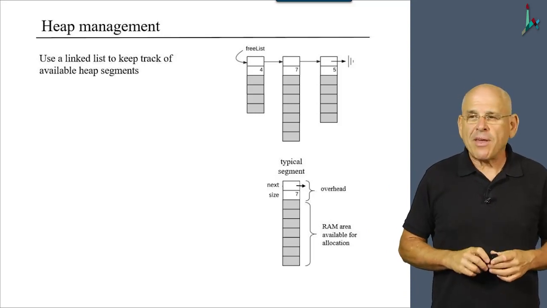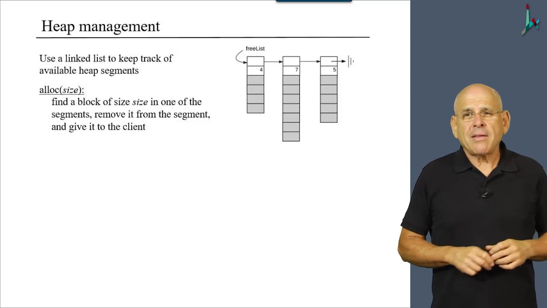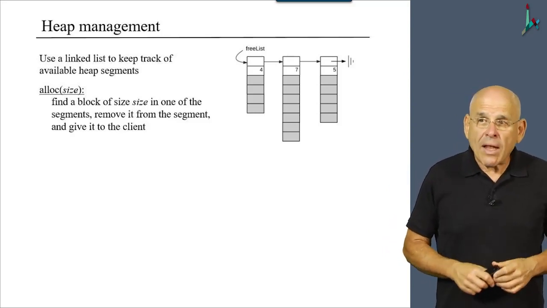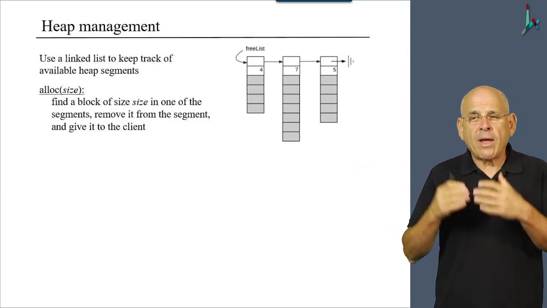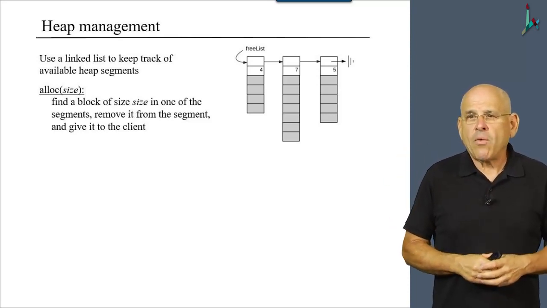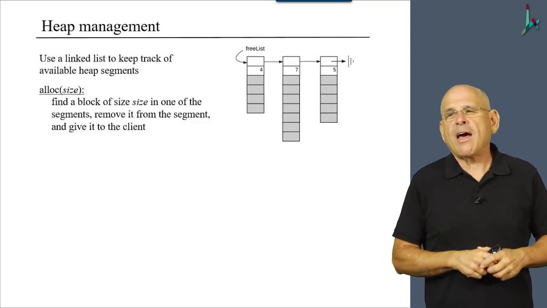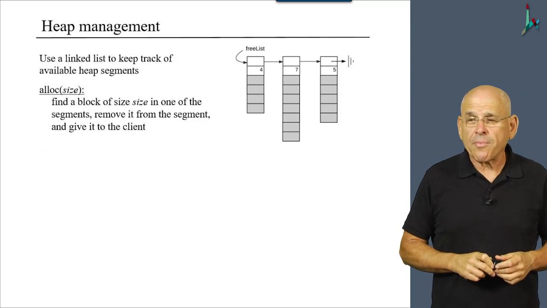That's the anatomy of every one of these segments. So with that in mind, what do we do when someone says alloc size? Well, we start going through our linked list and we look for a block that has the right size. And once we find this block, we can remove it from the linked list and give it to the caller.